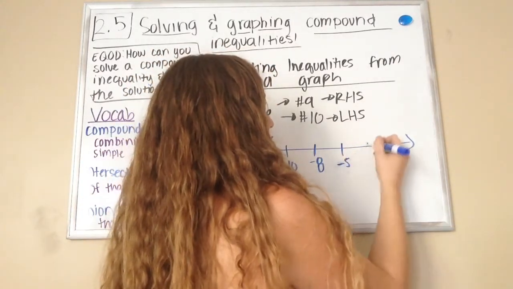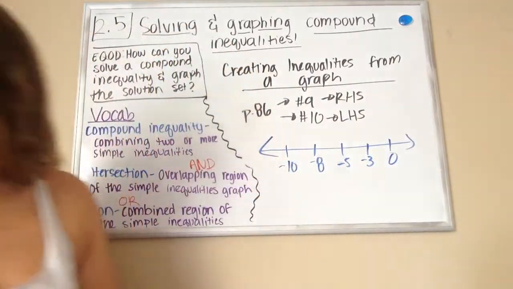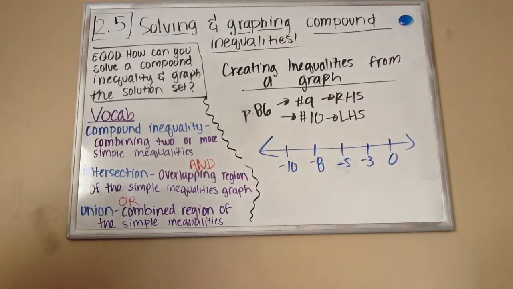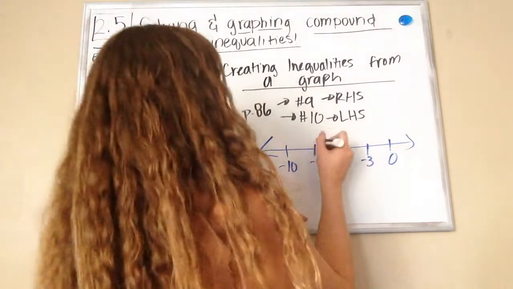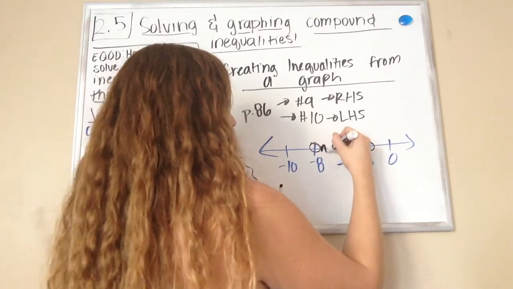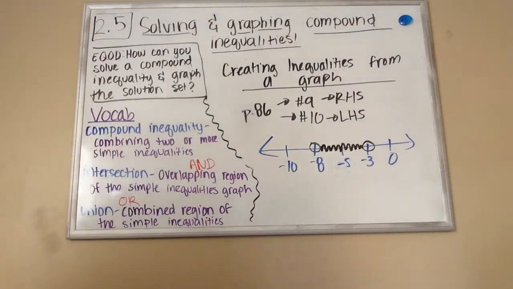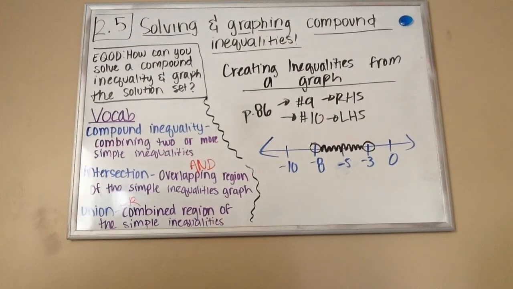Negative 5, negative 3, I know you have more on yours, that's fine. 0, 2. And then it has 2 open dots with shading in between them. That's exactly what your graph should look like on your right-hand side. This is number 9 that we're looking at.